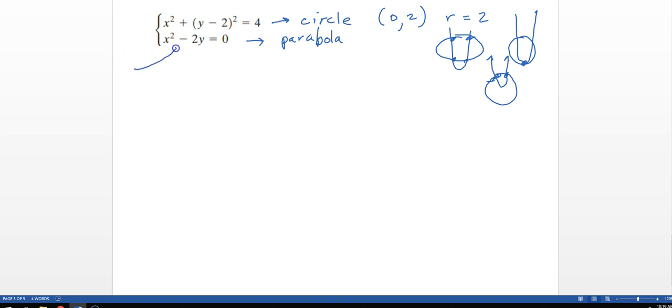So I'm going to take this equation and solve for x squared. So x squared is equal to 2y. Now I can take that and substitute it in for this x squared. So 2y plus y minus 2 squared equals 4.